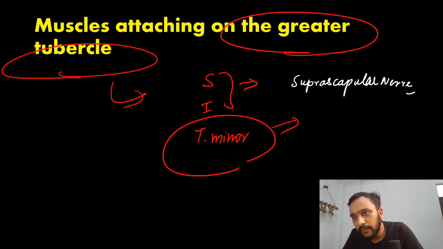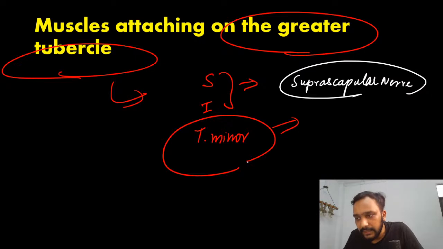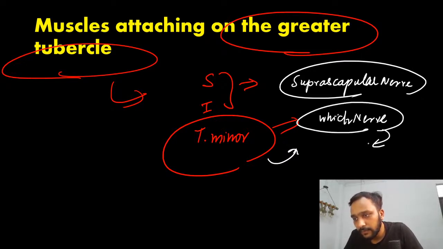Okay, so you have to tell me, the teres minor muscle is supplied by which nerve? Anyone, guys?